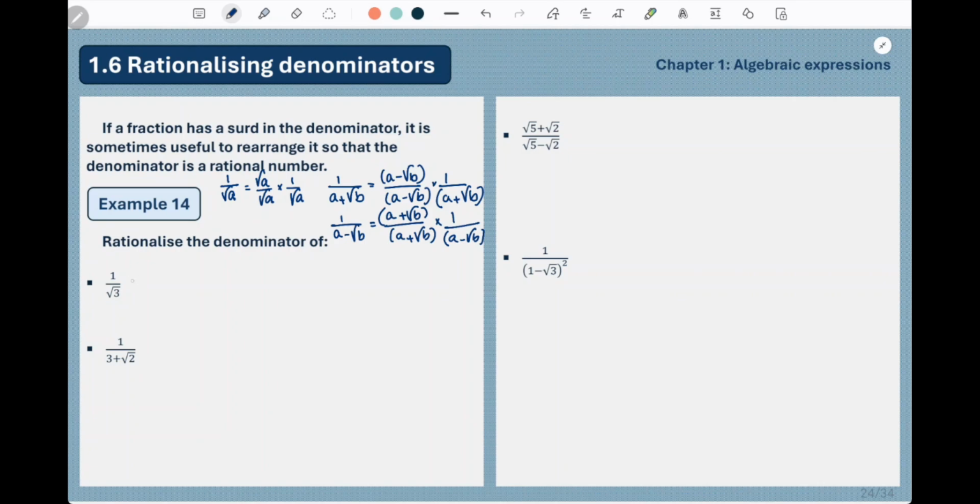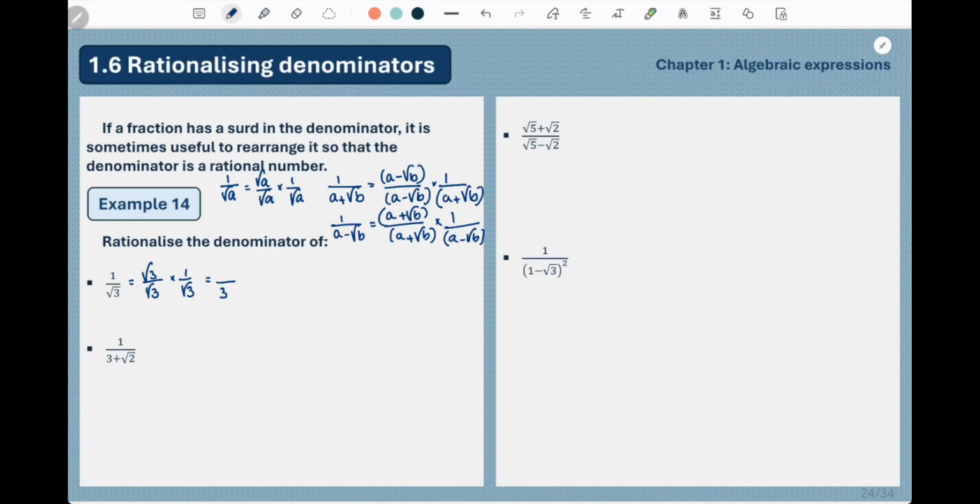But yeah, so we're gonna be using these in example 14. So 1 over root of 3, so I'm gonna be using this one over here, and I'm gonna multiply both top and bottom by square root of 3, and then I'm gonna write my original expression. And I've done nothing basically here because it simplifies to 1, but it's going to help us get rid of the surd in the denominator.